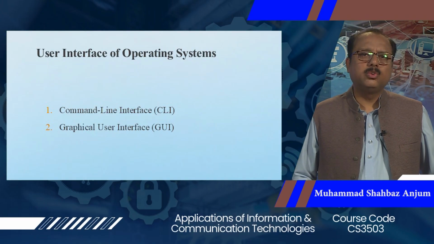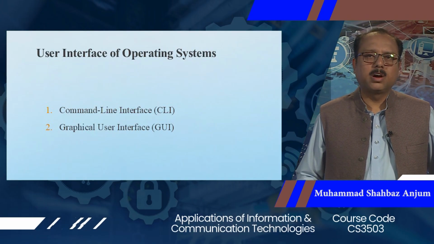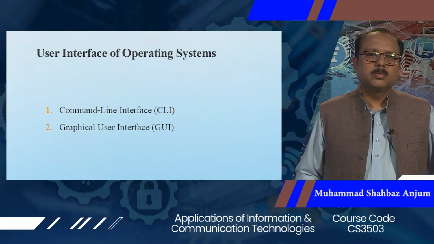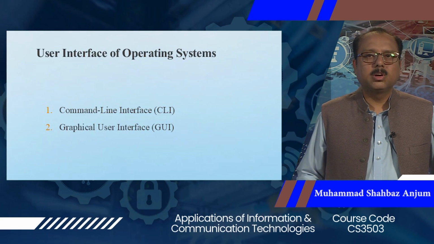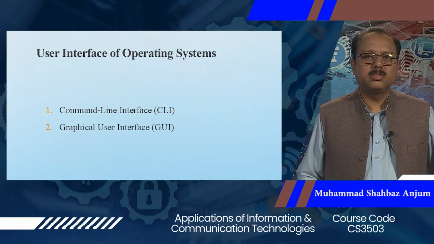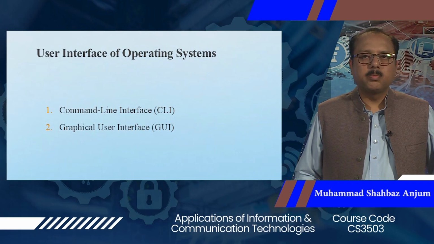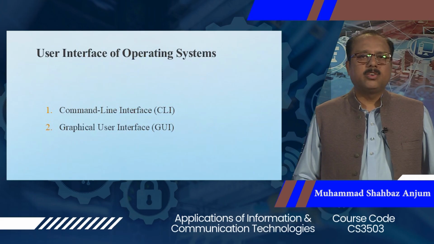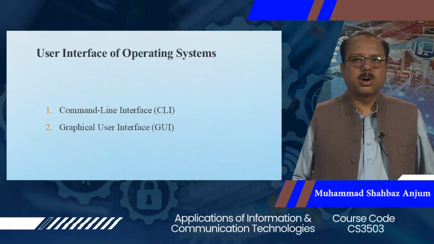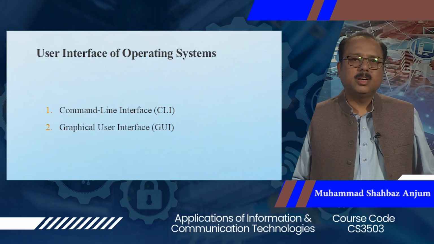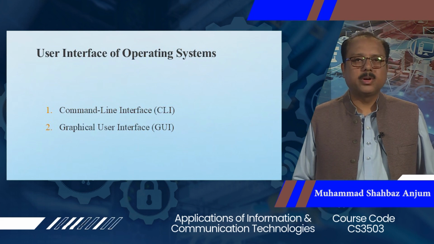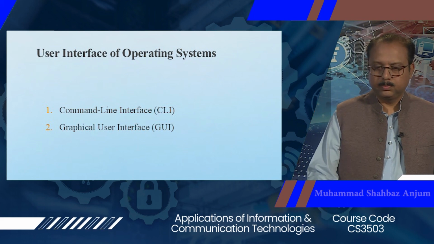The users of these operating systems need to memorize different commands for performing various tasks. It requires users to type commands to perform tasks. Its example includes disk operating system, that is DOS.